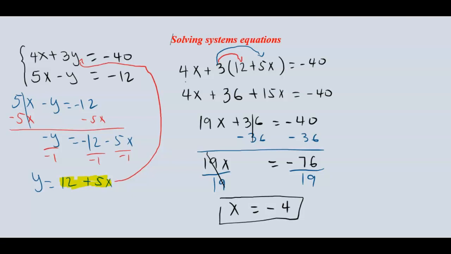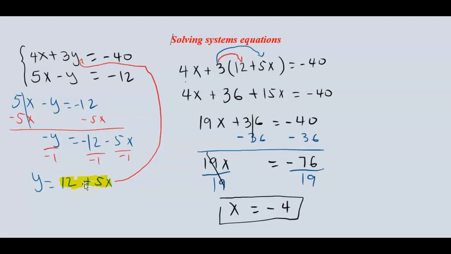Okay, so now that we have the value for x, since we are solving the system, we need to find the value of both variables, which is the value of x and the value for y. So what we can do, once you got the value of x, you can substitute that value in any of those three equations, either the first equation or the second equation, or that equation right here that we found on the first step.